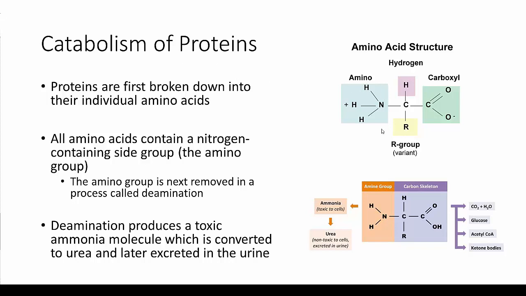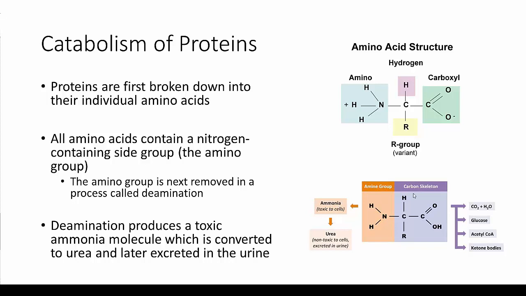So one of these here is called an amino group, and it actually consists of a nitrogen and 3 hydrogens bonded together like this here. And one of the first things that's going to happen once the amino acids are removed from the chain is that amino group, sometimes called an amine group, is essentially going to be removed here. And what's going to happen is that's going to produce an ammonia molecule.